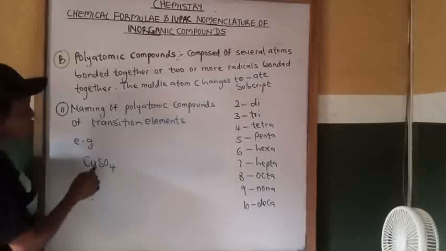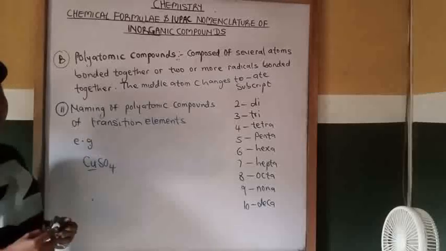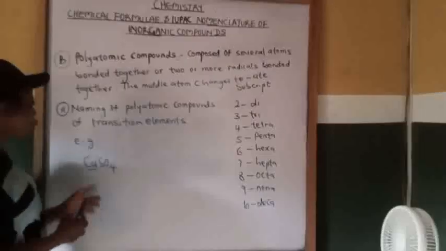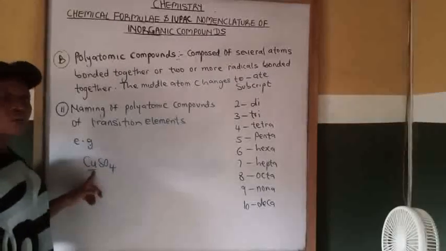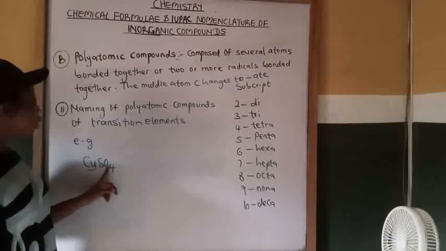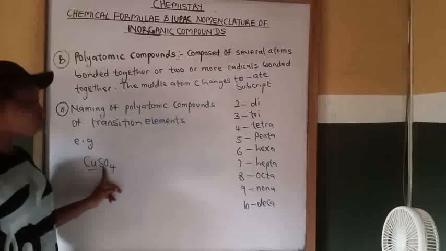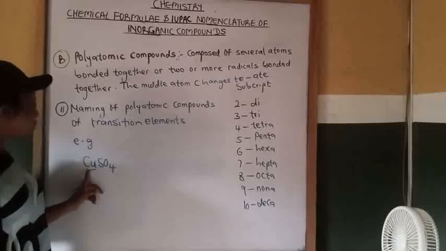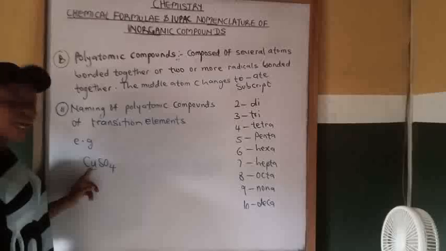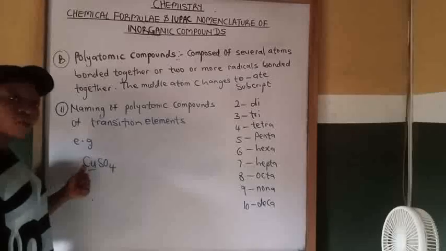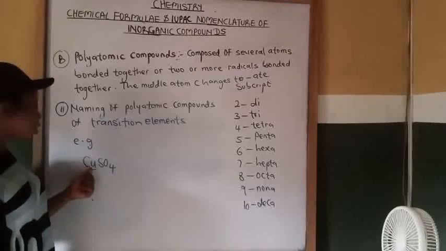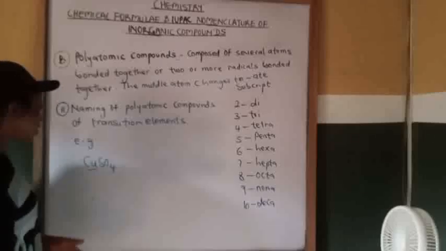CuSO4. Copper is a transition element. So you name copper fully because it is a metal. You name copper fully, then followed by oxygen, then followed by the middle atom. Then you name copper fully, then followed by the oxidation number of copper from this compound.